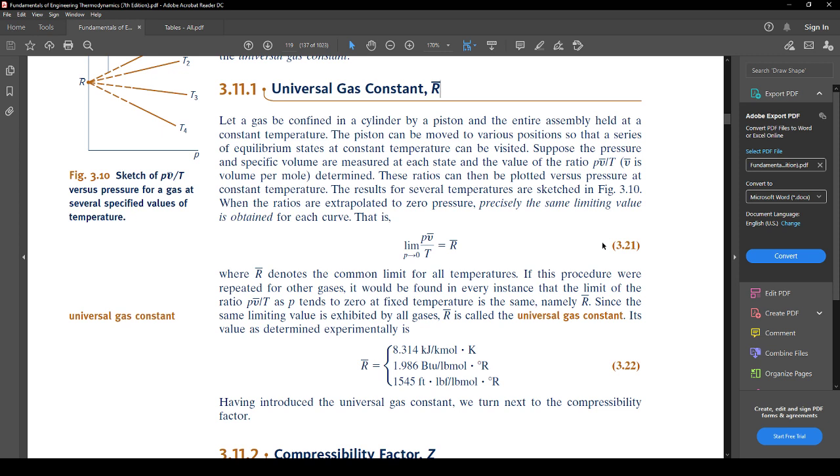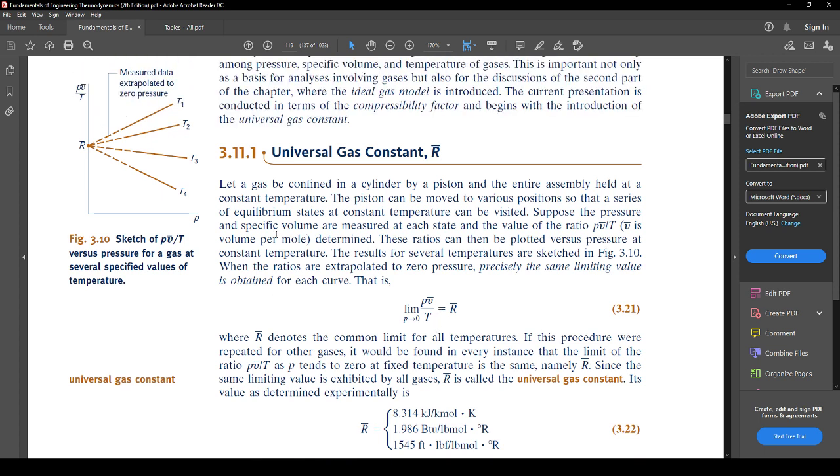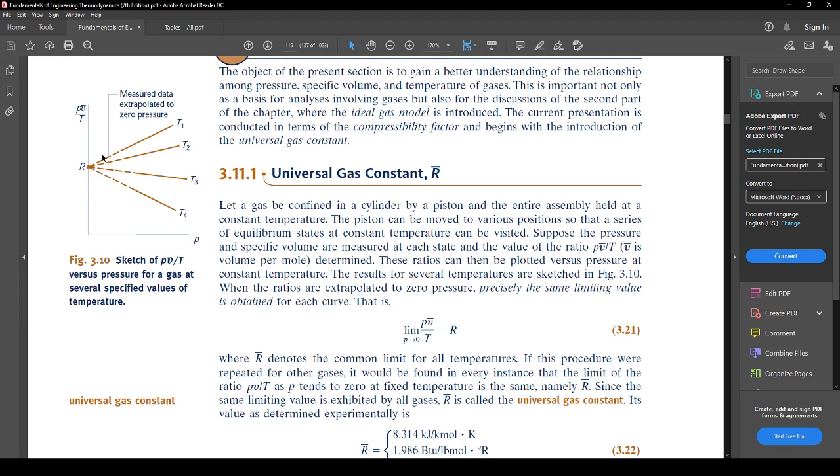The results for several temperatures are sketched in figure 3.10, which is over to the left. When the ratios are extrapolated to zero pressure, precisely the same limiting value is obtained for each curve. That is, the limit as P goes to zero of P times V over T gives you R. So right here is what they're talking about.